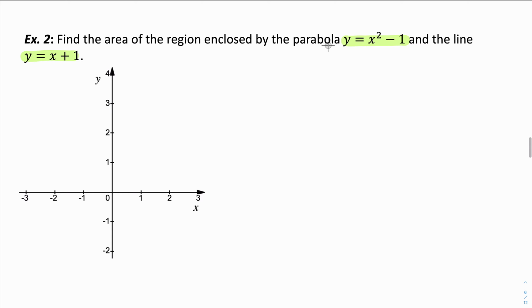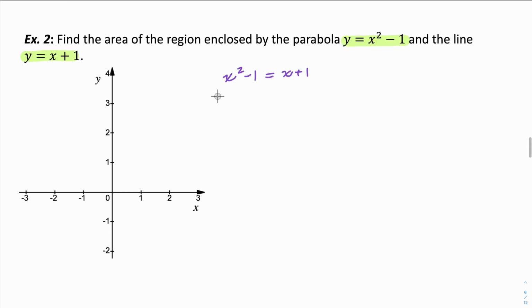So we have to figure out where these intersect, and then we can use those values to integrate this. Basically, we want to know where these are equal. So you would set the y's equal to each other: x squared minus 1 equals x plus 1. Then solve this like you would with any other quadratic.